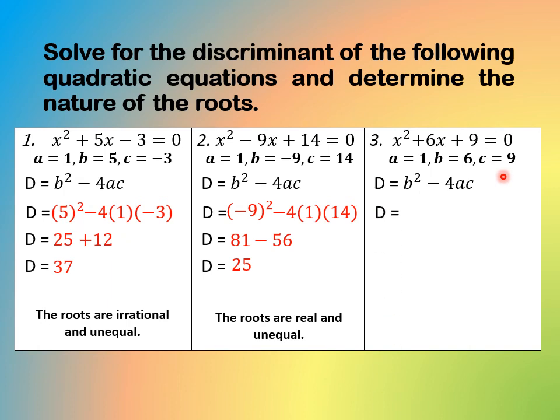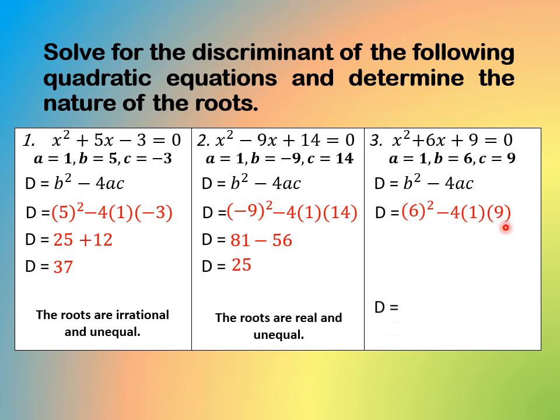Ano ang b natin? Okay, that is 6. So, we have here 6 squared, okay, minus 4 times ano ang a? Okay, that is 1. Okay, ano ang c?